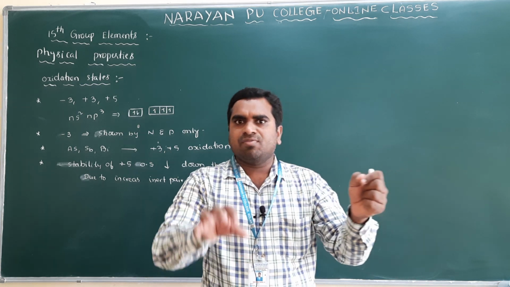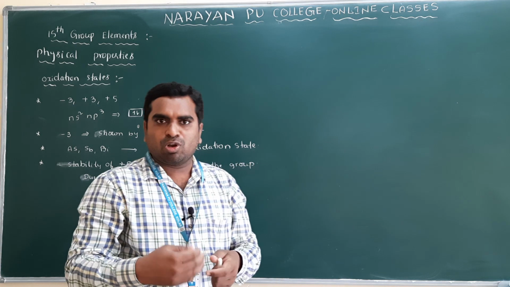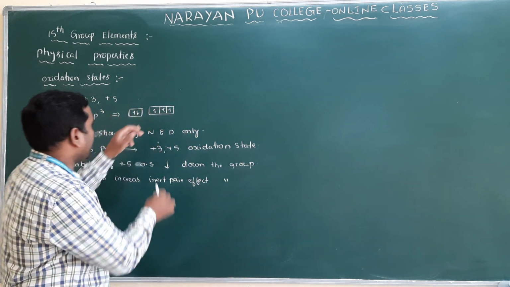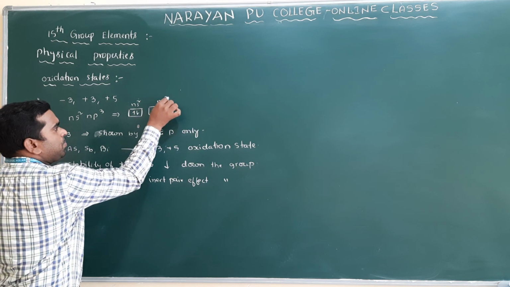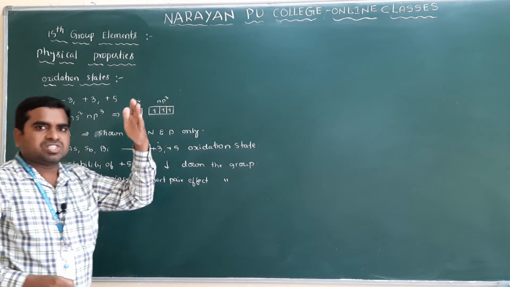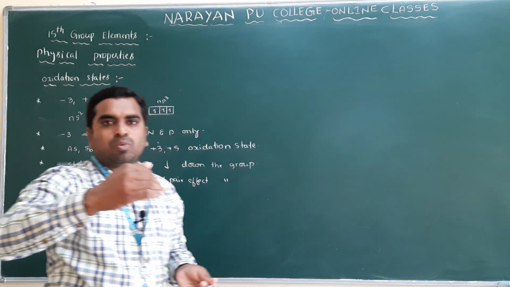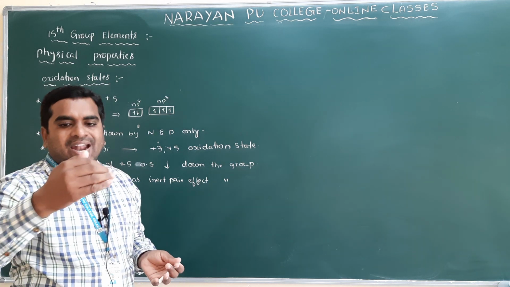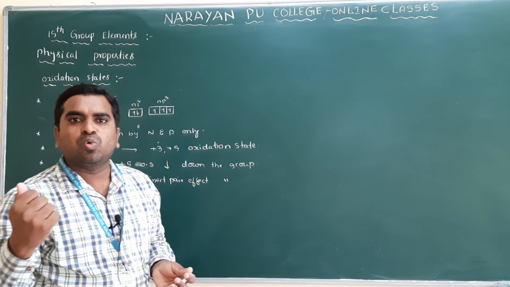And you know, when the inert pair effect increases, the nucleus will hold the s electrons tightly, so they will not participate. This is ns2, and here np3. If you are moving down from nitrogen to bismuth, d and f orbitals automatically come. When d and f orbitals come, they show the poor shielding effect.